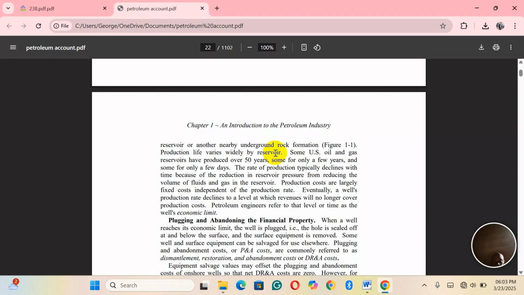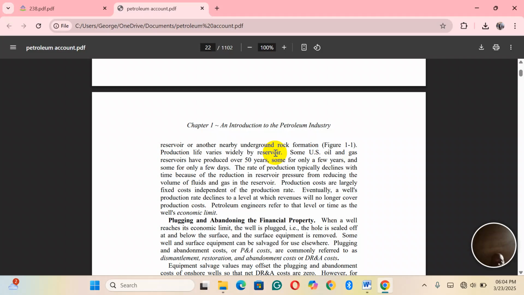Then comes plugging and abandoning the property. When a well reaches its economic limit, the well is plugged. The hole is sealed up at and below the surface, and the surface equipment is removed. Some well and surface equipment can be saved for use elsewhere.